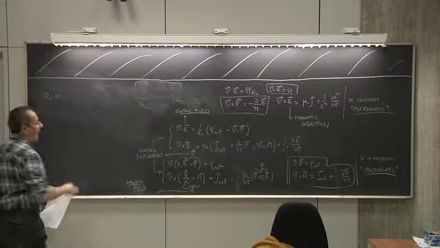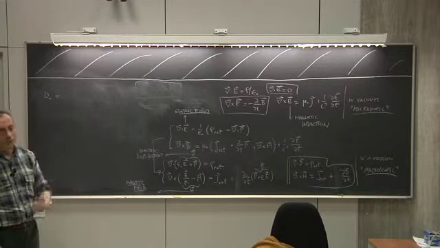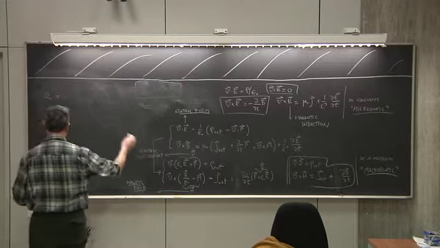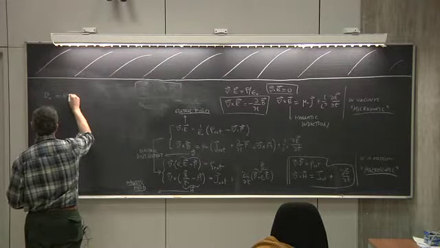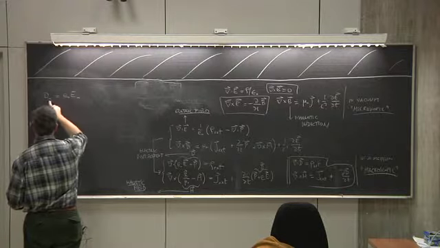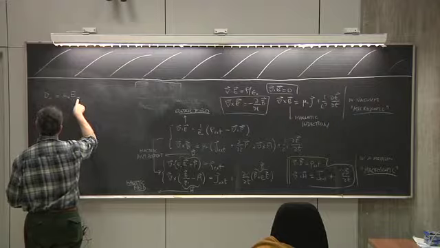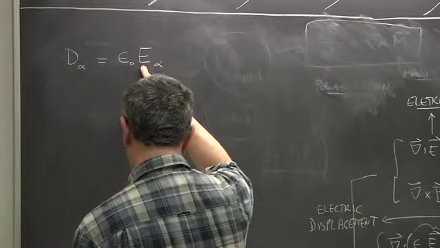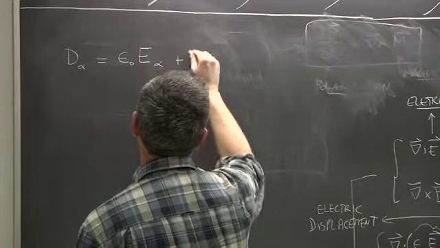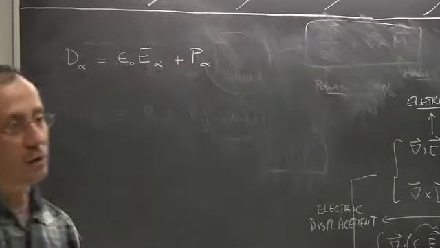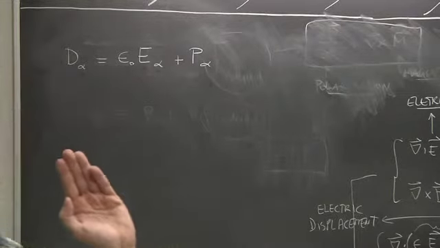The way I told you the story up to now, this is equal to epsilon naught. So the alpha component of the electric displacement will be just epsilon naught times the alpha component of the electric field. The only difference is that you have to add a component of this polarization.